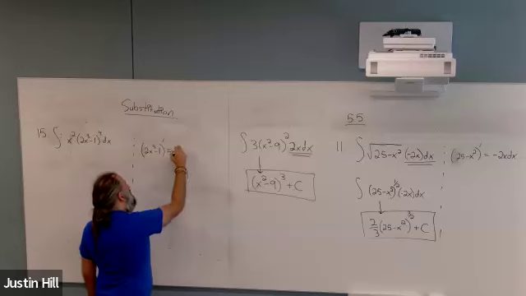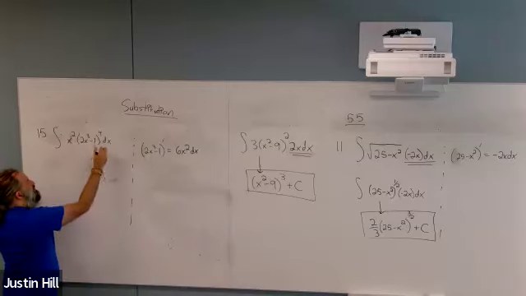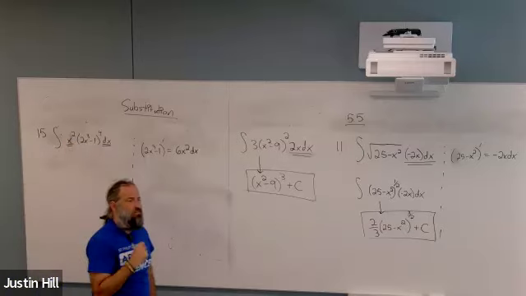Hopefully what you're getting is 6x squared dx. And notice that if you go back to our integral, we have the dx, we have the x squared, we just don't have the 6.